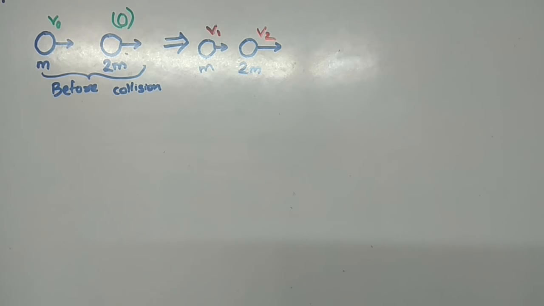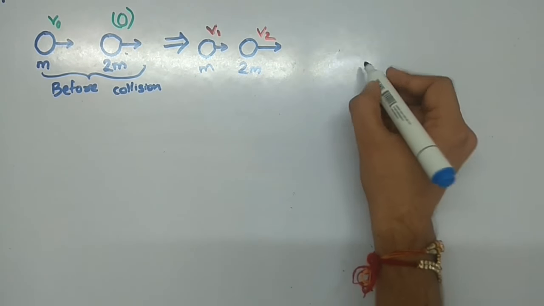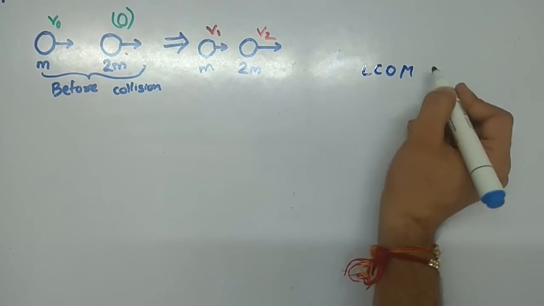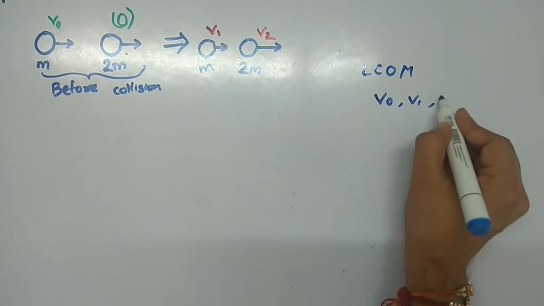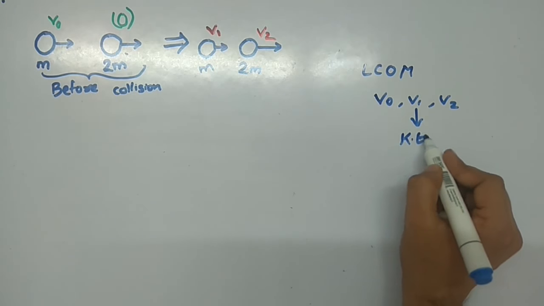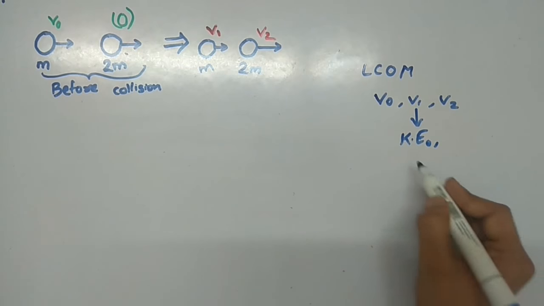So what will be your workflow? I told you to develop your workflow, so I'll be discussing what my workflow will be. Since this is given, we will use the law of conservation of momentum, and from this we'll try to find the relation between v0, v1 and v2. Once this is done, we can get the relation between their respective kinetic energies: kinetic energy 0, kinetic energy 1, kinetic energy 2.